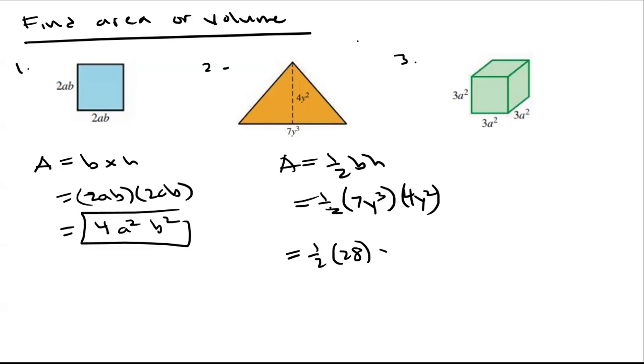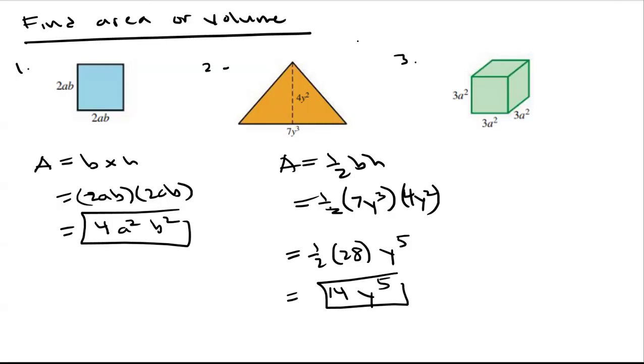So 3 plus 2 is 5. So that gives us y to the fifth power. Well, half of 28 is 14. So that would just be 14y to the fifth power. Okay. So that's our answer for the second one.